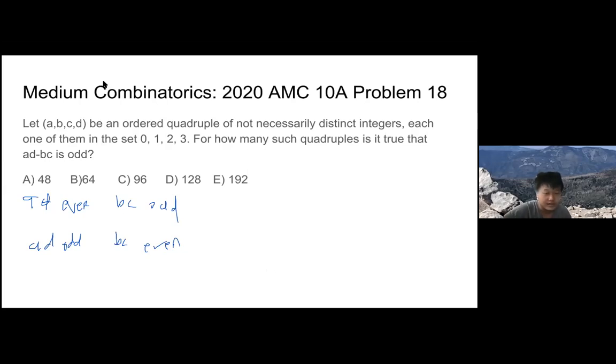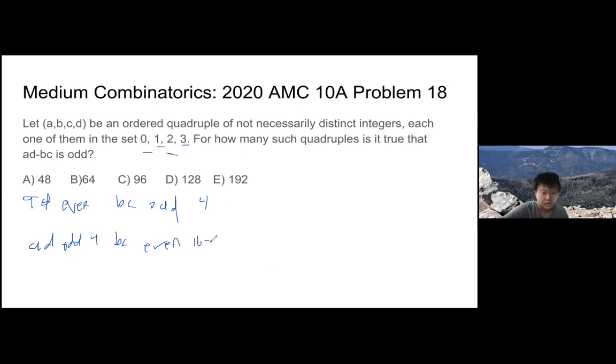So let's try doing casework on each of these. If BC is odd, B and C are both odd. They can both be 1 or 3, so that's 4 cases. Likewise, AD is odd gives you 4 cases. Now what about BC is even? Well, that's the opposite of BC is odd, since there's 16 ways to choose B and C, because there's 4 choices for each.